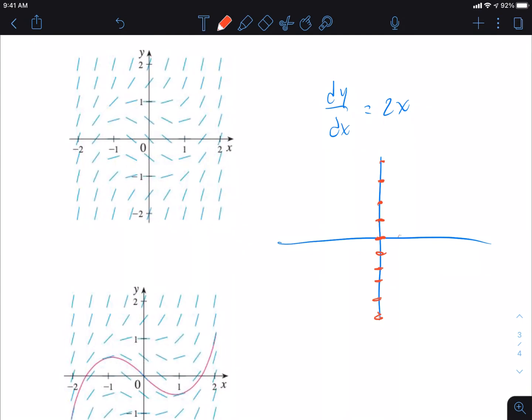Along 1, it's always going to be 2. Along x equals 2, it's going to be steeper, right? And then it's going to follow that same pattern on this side, but negative. And then a little bit steeper negative.